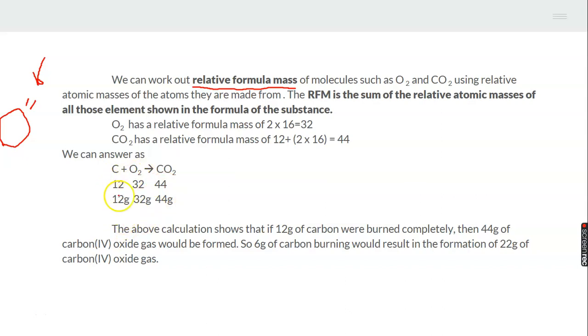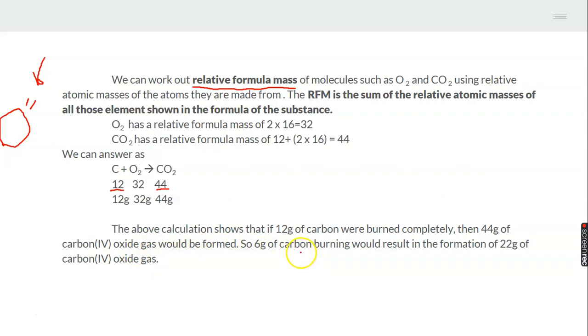So if you put it this way, this is the relative mass of those compounds, but when you put grams, that means the above calculation shows that if 12 grams of carbon were completely burned, then 44 grams of carbon dioxide gas will be formed. This is what it means.